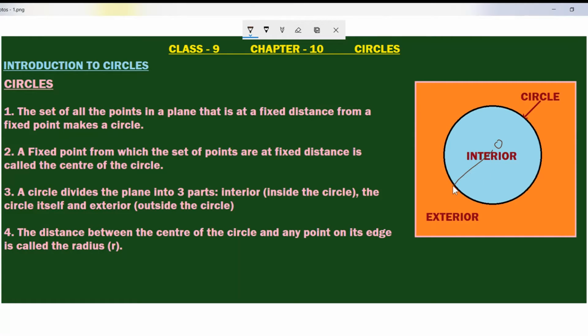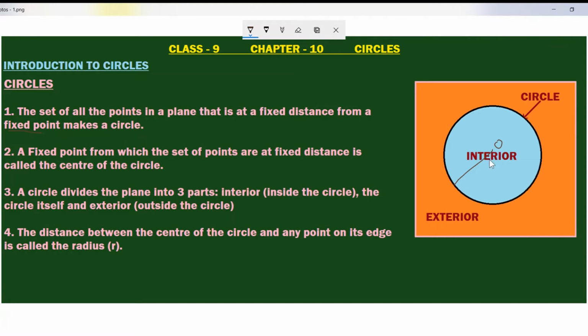So like this you can join all the points on the circle, so we call it the set of all points in a plane that are at a fixed distance from a fixed point makes a circle. This fixed point we call the center of the circle.